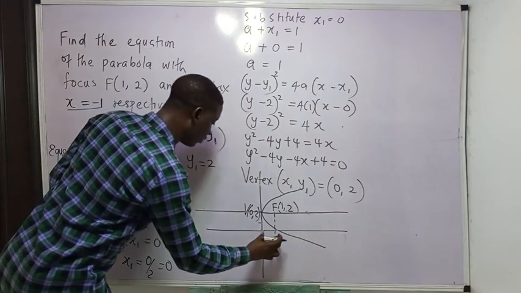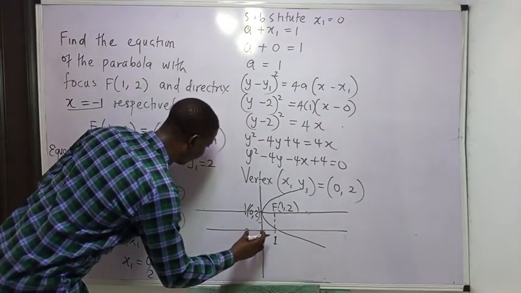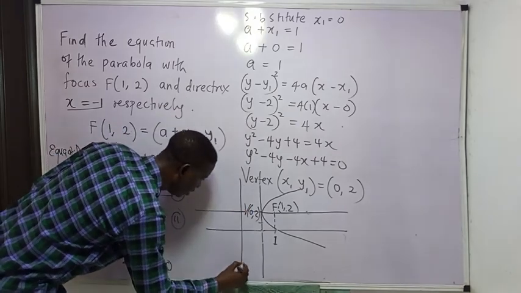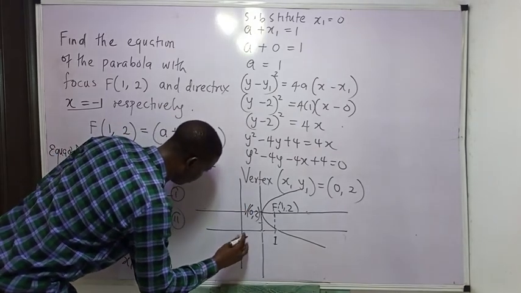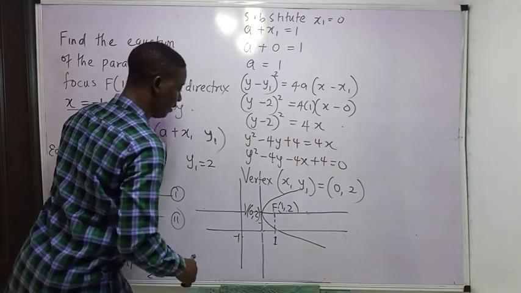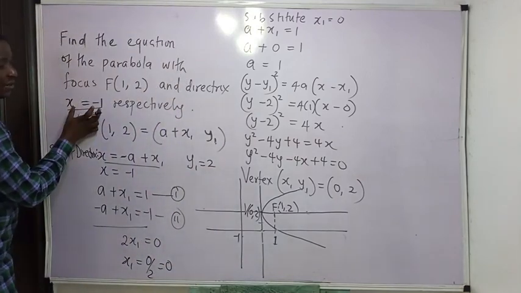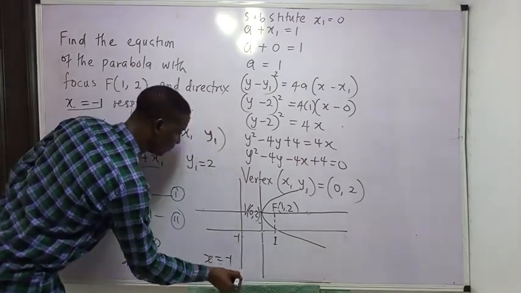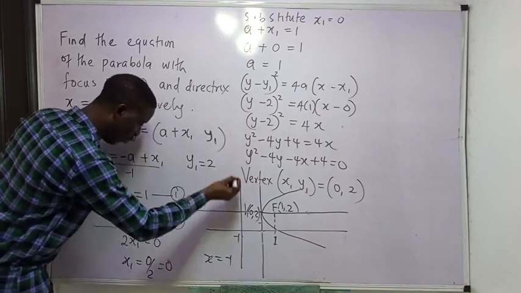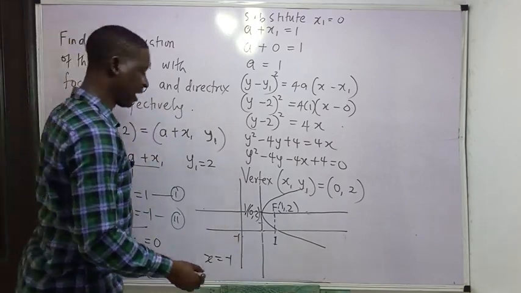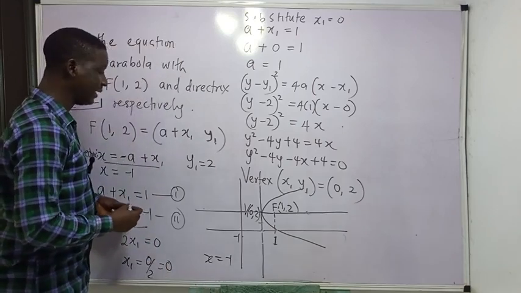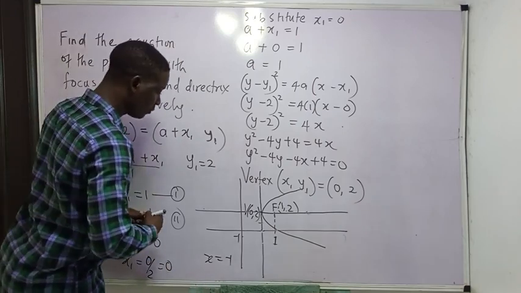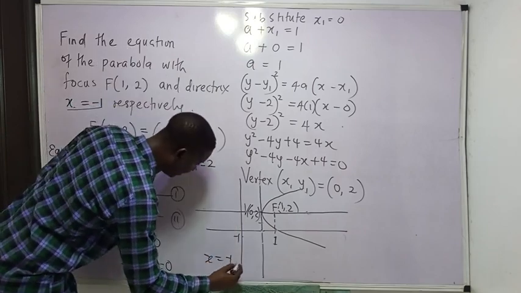Then we work from here to here is 1, and from here to here also 1 for the line of directrix. So here you will locate -1 there. That's why you see our equation here carries x equal to -1, because this line is x equal to -1 by virtue of graph analysis.